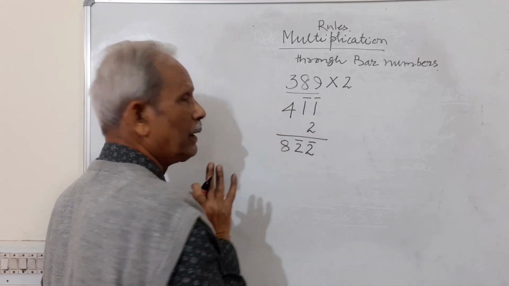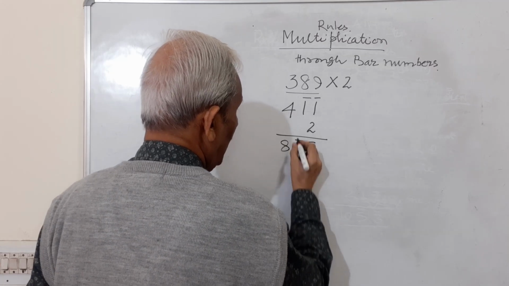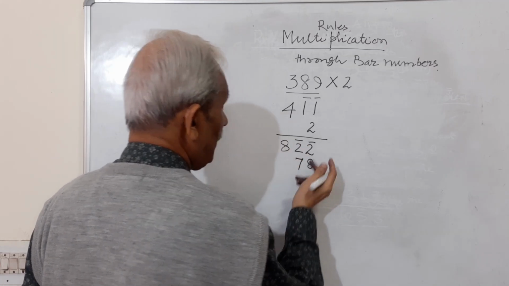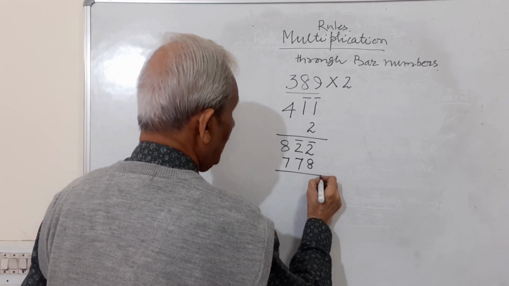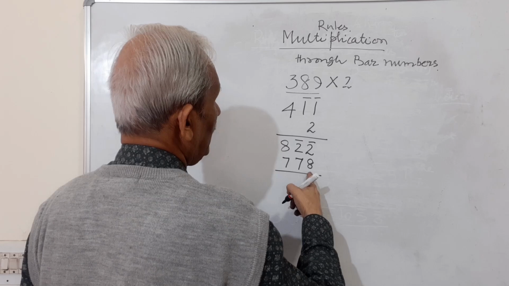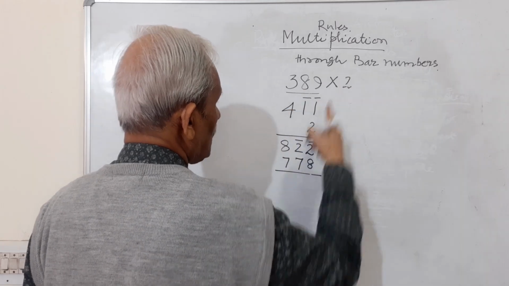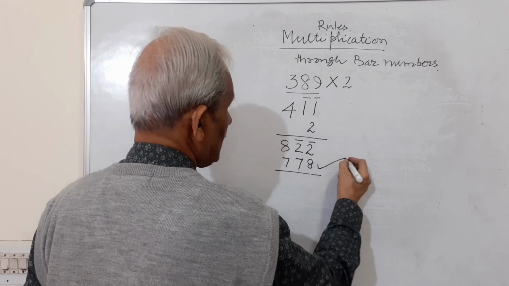Now we'll devinculate it: 10 minus 2 is 8, 9 minus 2 is 7, reduce by 1, 7 7 8. And you will see the multiplication of 389 into 2: 9 into 2 is 18, 8; 8 into 2 is 16 plus 1 is 17, 7; 3 into 2 is 6 plus 1 is 7. Actually this is the answer.